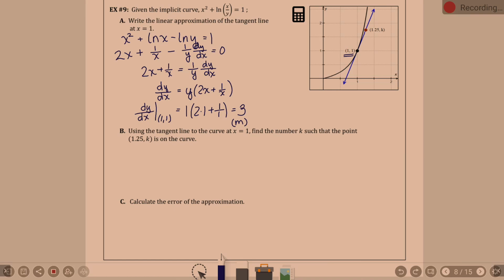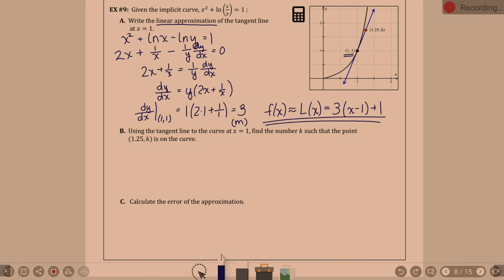Now, the whole point was to write the linear approximation, yes? So f of x is approximately equal to the linear approximation, which is 3 times x minus 1 and then plus 1, right?